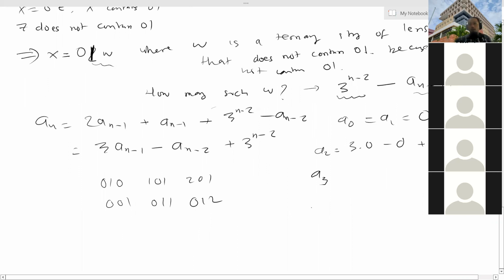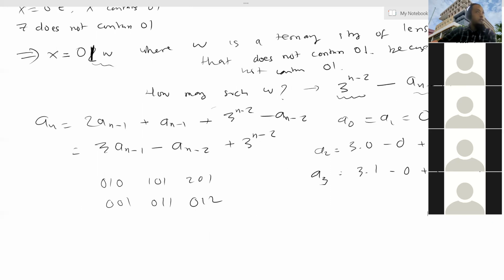It has to be 6. Let's check, hopefully I'm correct. So 3 times 1 minus 0 plus 3 times 3 minus 2, which is of course 6. Yeah, so we are correct. That's how we get the solution.